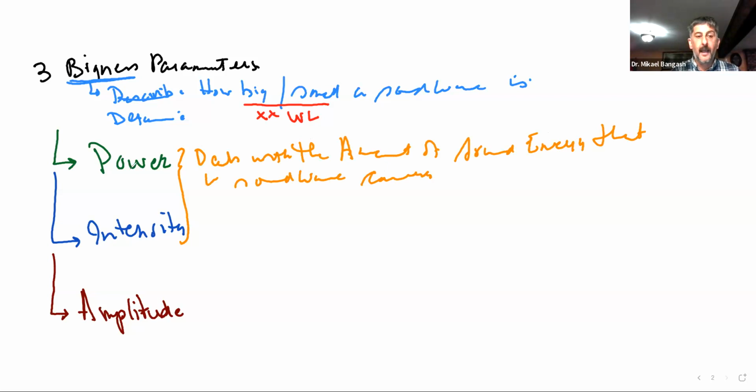Or we can say a measurement of the amount of sound energy that a sound wave carries can be expressed in two terms, which could be power and intensity.